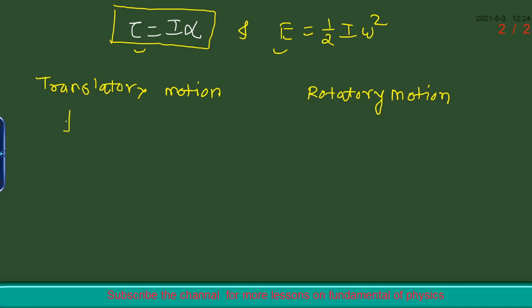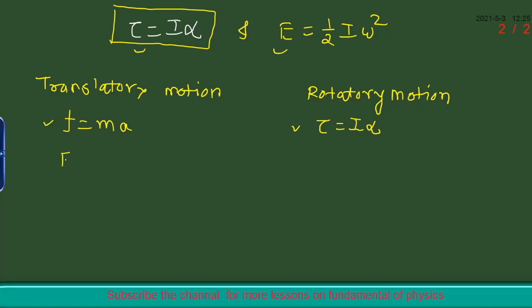Now in translatory motion, the physical quantity which is the cause of the translatory motion, the quantity which produces the translatory motion, is force, which is equal to ma, that is F equal to ma. For rotational motion, we have to apply the torque to perform the rotational motion of body, which is equal to I into alpha. F equal to ma in translatory motion, τ equal to I into alpha in rotatory motion.